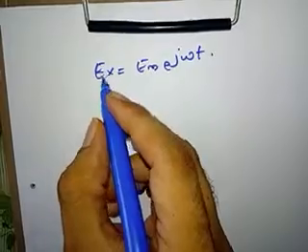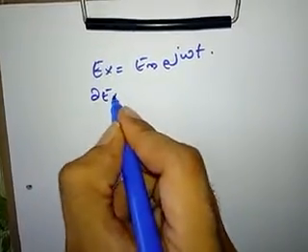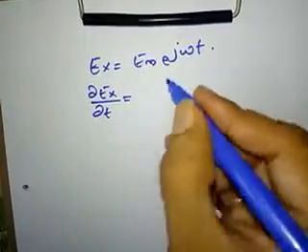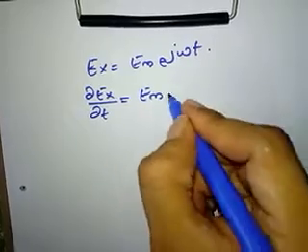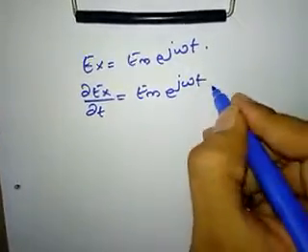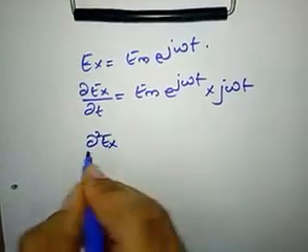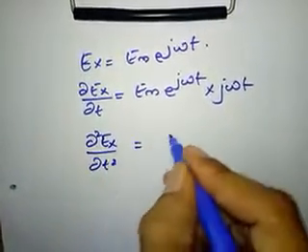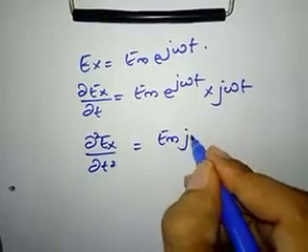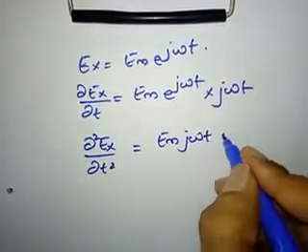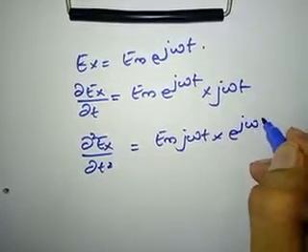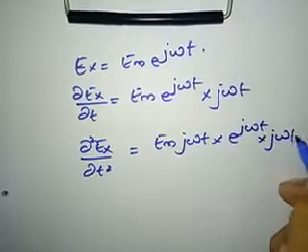So dou Ex by dou t is equal to Em, a constant, take it outside, e raised to j omega t into j omega. Again if you differentiate, dou square Ex by dou t square will be equal to Em e raised to j omega t into j omega, into j omega.